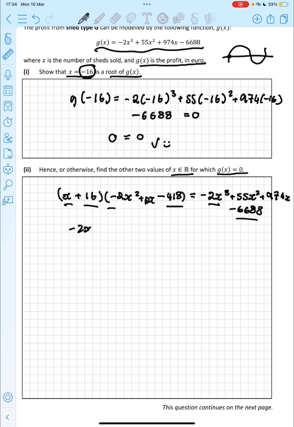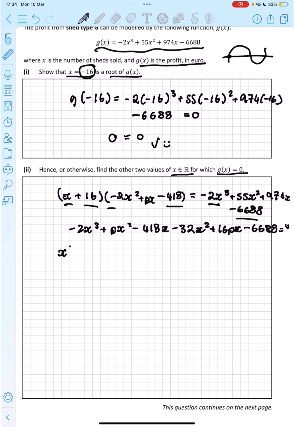I'll get -2x cubed plus px squared minus 418x. What's 16 times 2? Minus 32x squared plus 16px minus 6,688. And that equals the same cubic as above.